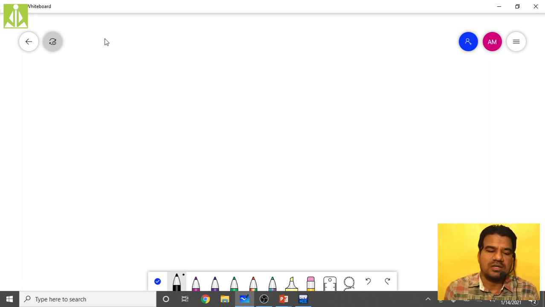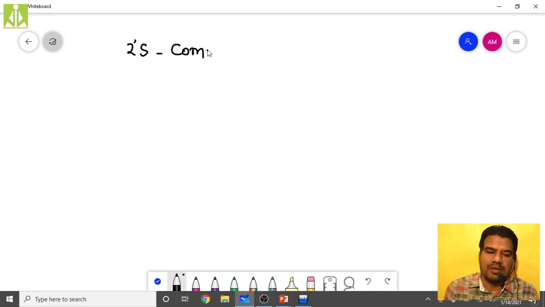This particular concept is helpful in order to represent negative numbers in binary form. We call it 2's complement.